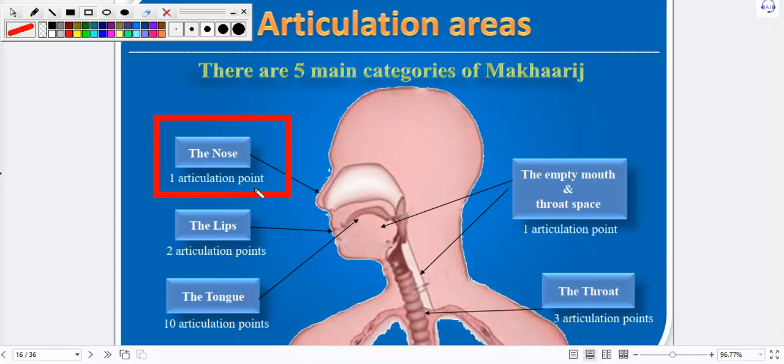So we need to understand, because noon and meem are a major part of the Quran. In every line and every verse, you will have a noon letter or meem letter. Sometimes both, sometimes noon multiple times, and meem multiple times. It depends. That's the first point.